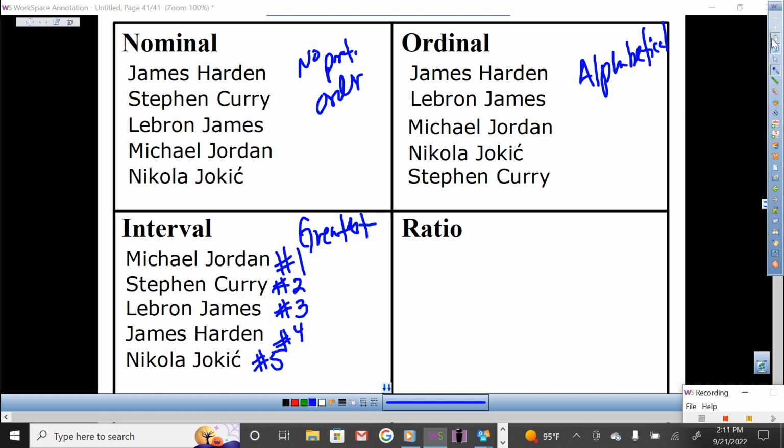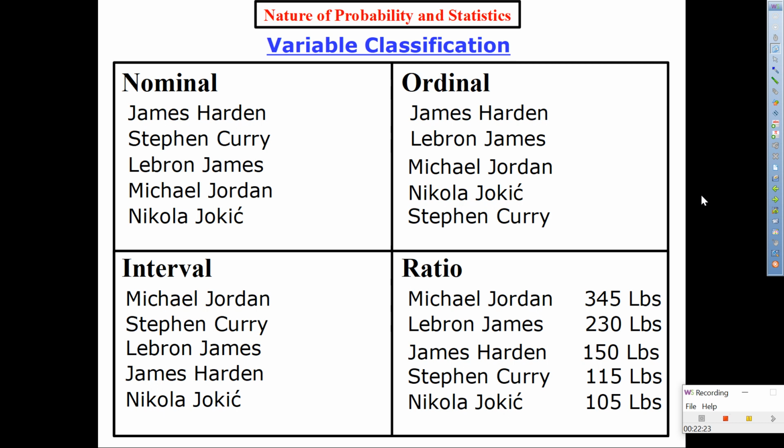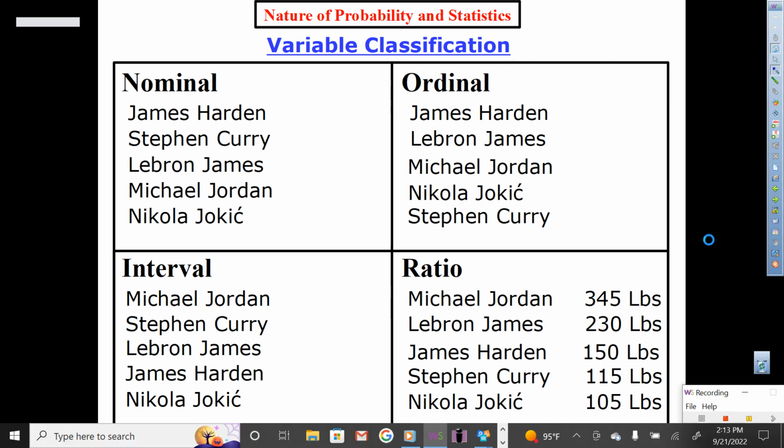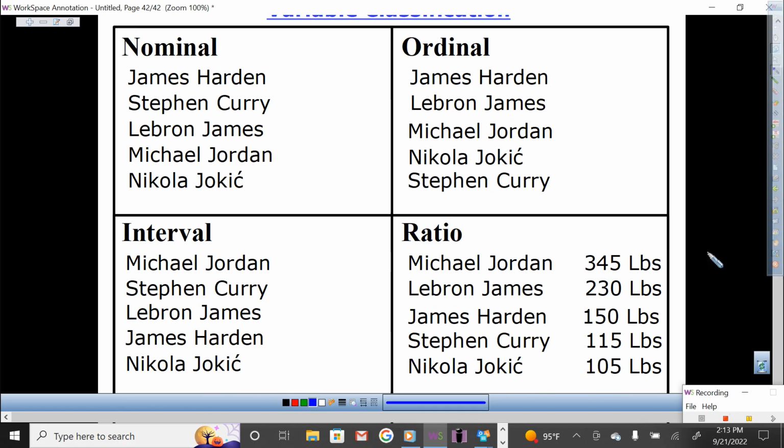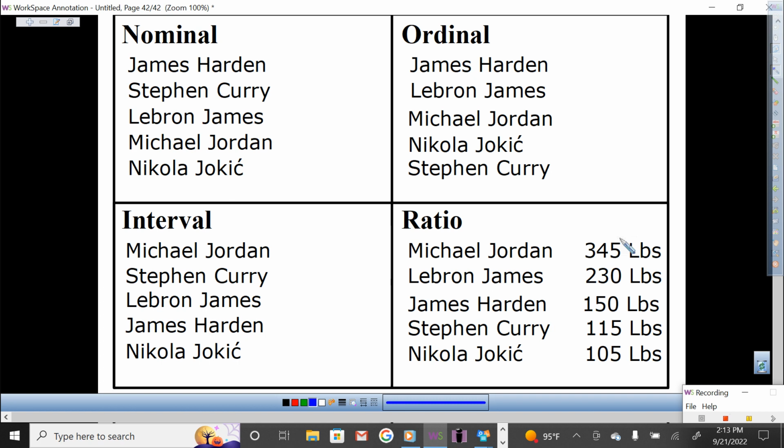Ratio. Write that down. Those numbers, there's the weight that they can bench press by each one. Those of you that don't know about weight is when you lay down on the bench and then you pick up weight like that.